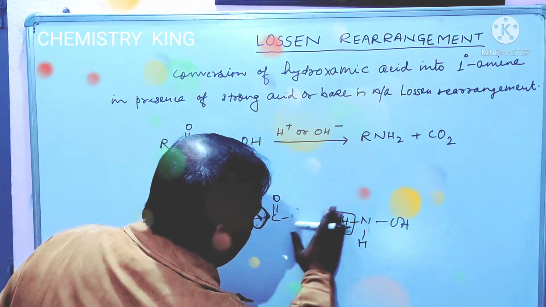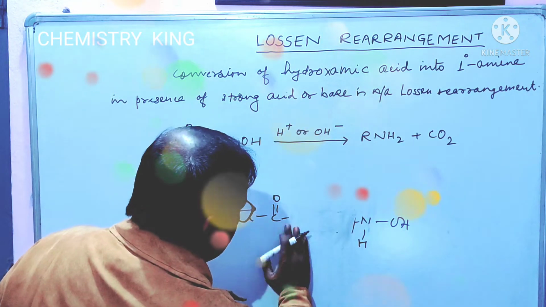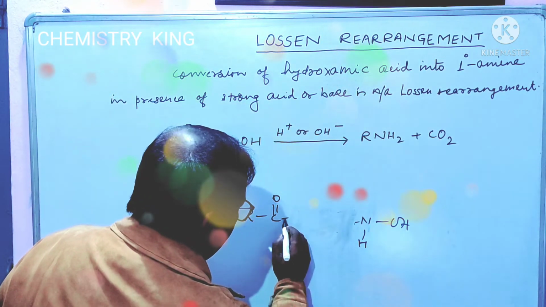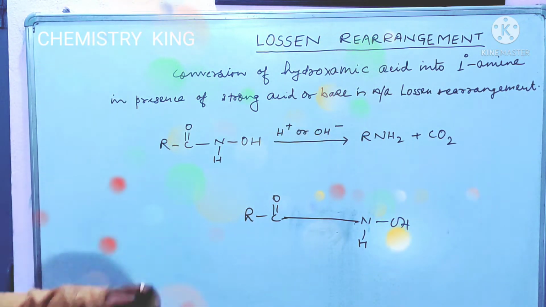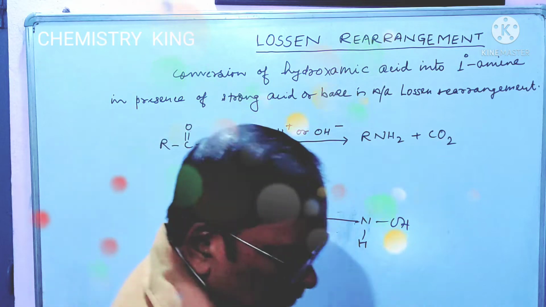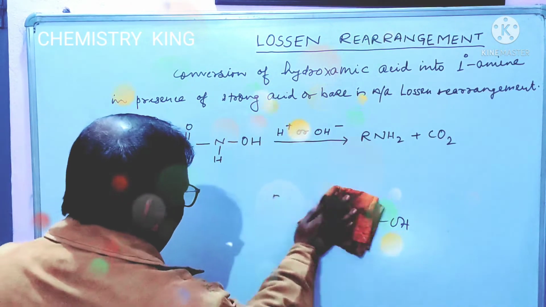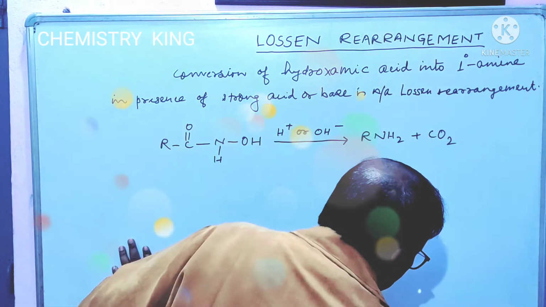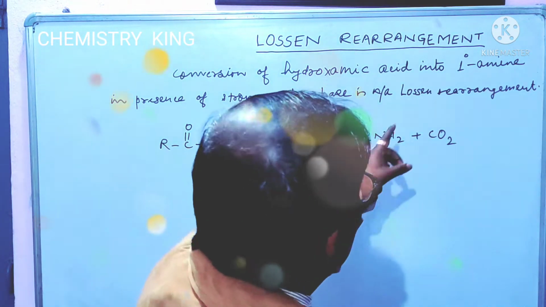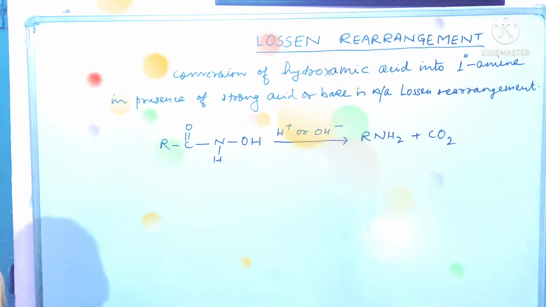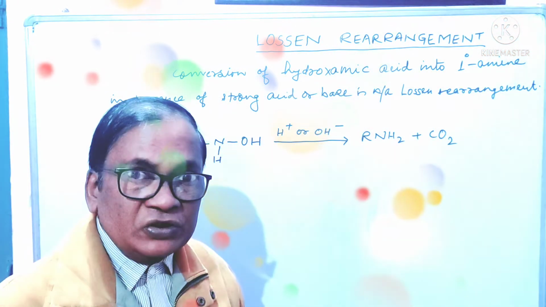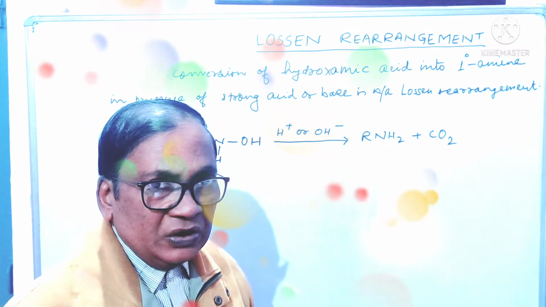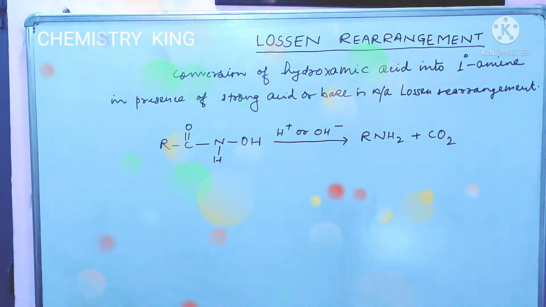Water will be eliminated from here and it is hydroxamic acid. Conversion of hydroxamic acid into 1 degree amine in presence of strong acid or strong base is known as Lossen rearrangement.